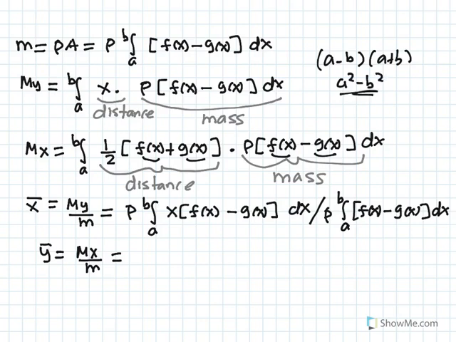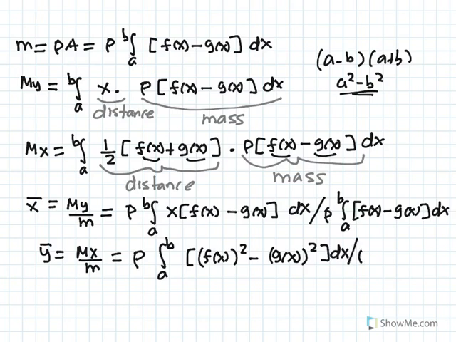So by the same reasoning, we get rho times the integral from a to b of f of x squared minus g of x all squared dx, divided by rho times the integral from a to b of f of x minus g of x dx.